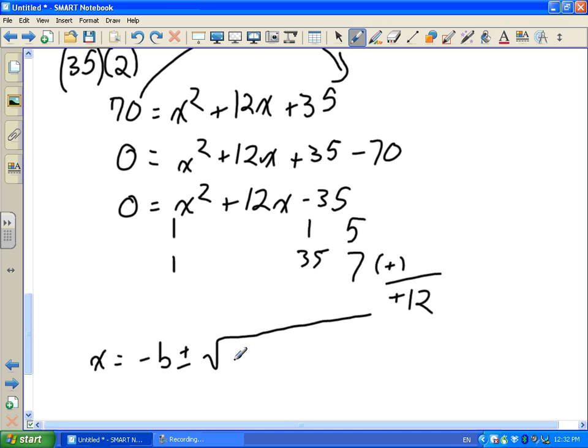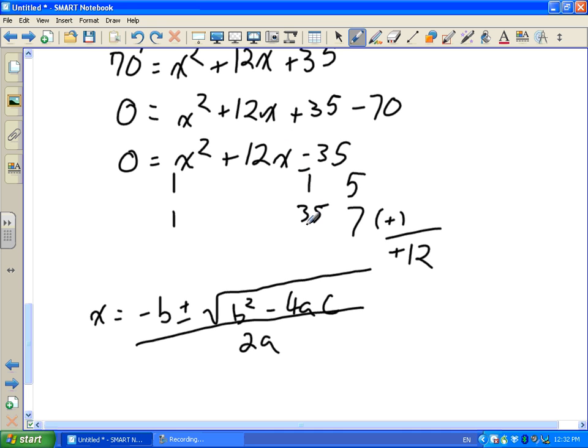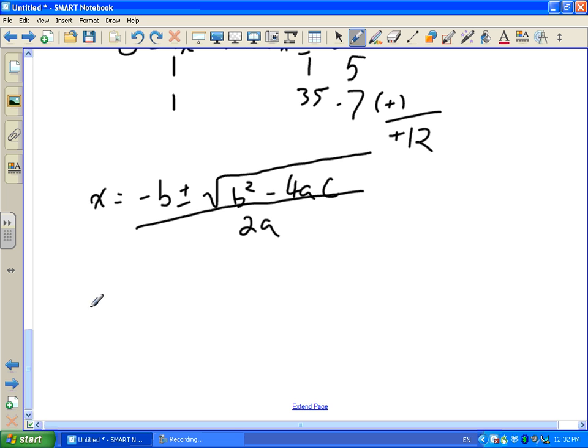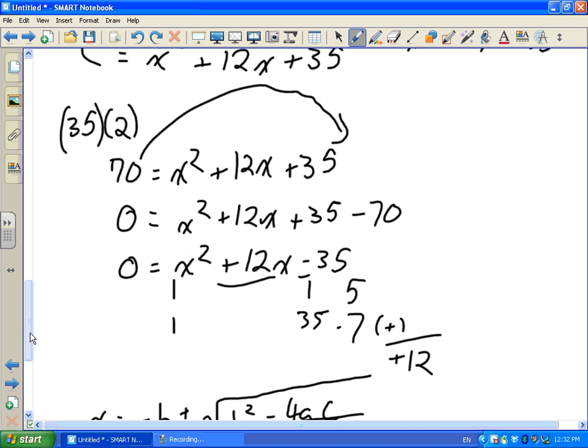You can just use quadratic formula right off the bat if you like. No, because it needs to be negative 35. So 5 and 7 won't add up. One of these being negative won't give us positive 12. Wow, I'm way off. Anyways, let's plug our numbers in. So my B value is 12.